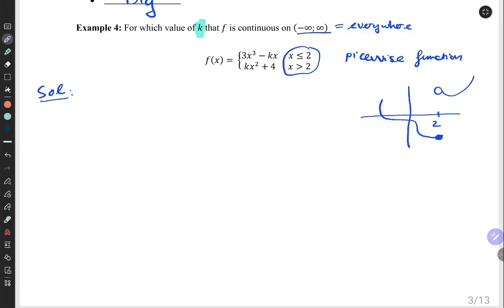Then if you're able to visualize, imagine this is a touch screen, and you're able to move these around. How do you move this so that it is continuous at 2? What would you do? If you're able to, move something in here. The constant.